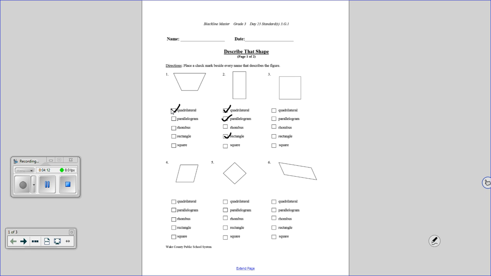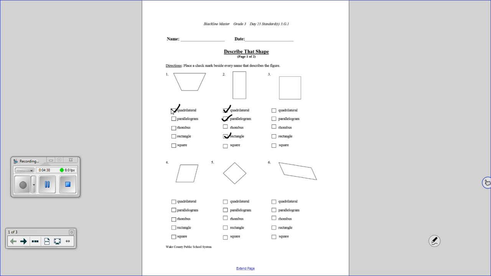Gabriella? Square. What are the rules of a square? 4 square corners, 2 sets of parallel lines, quadrilateral, 4 equal sides.